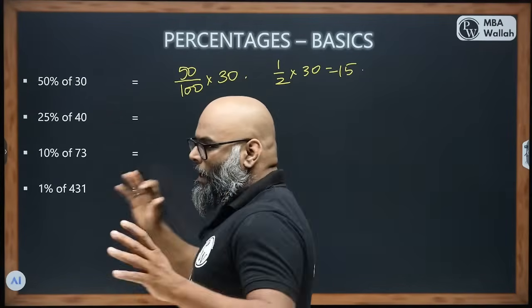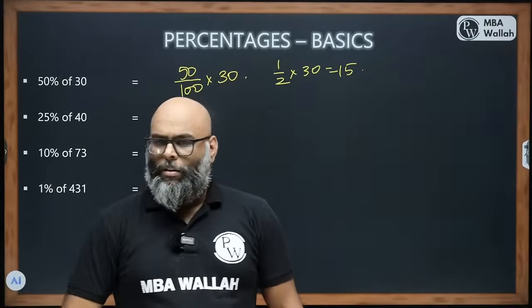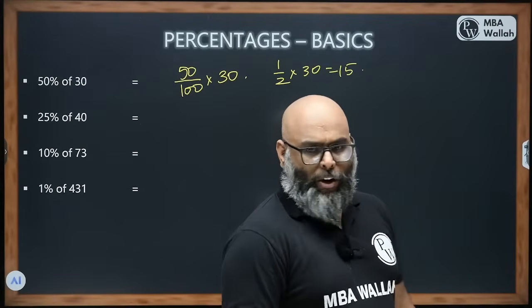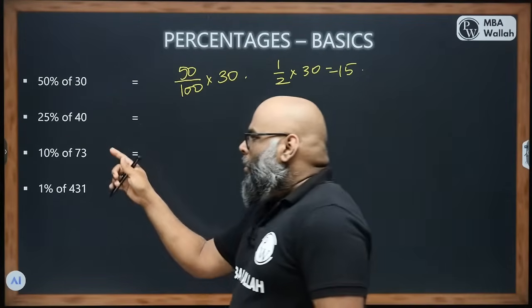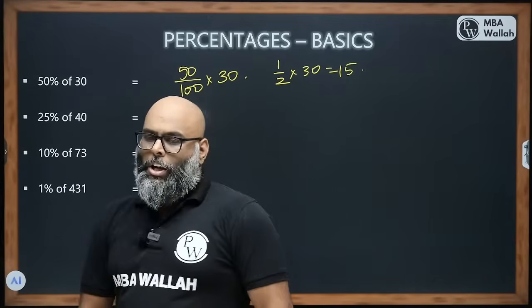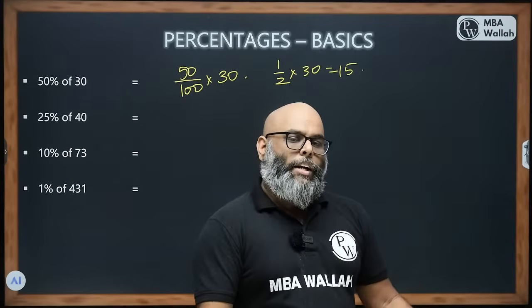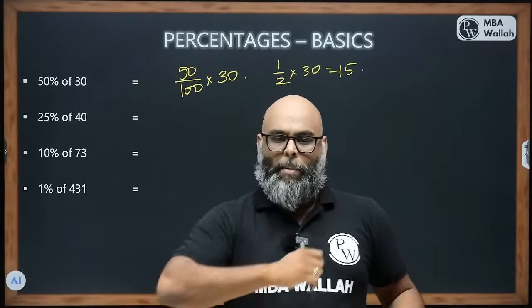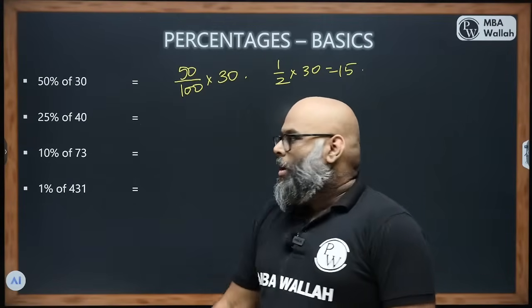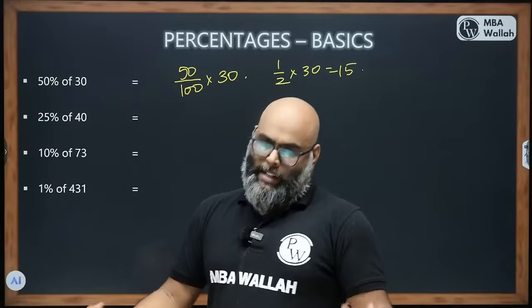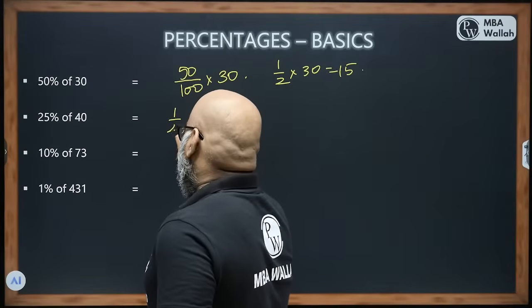I'm writing this, but I know you did not write that. You simply looked at 25% and said 25% of a number is a fourth of a number, a quarter of a number. A quarter of 40 is 10. That's what you thought.